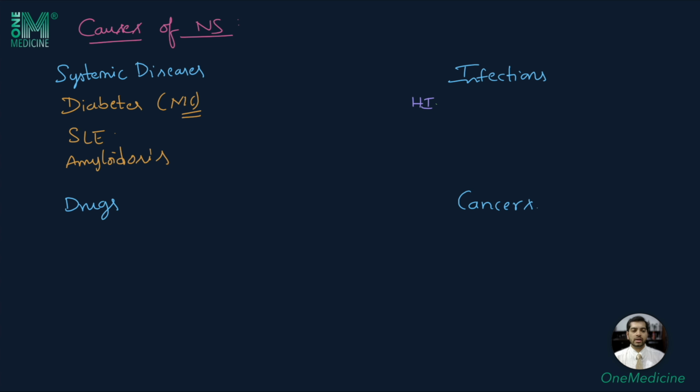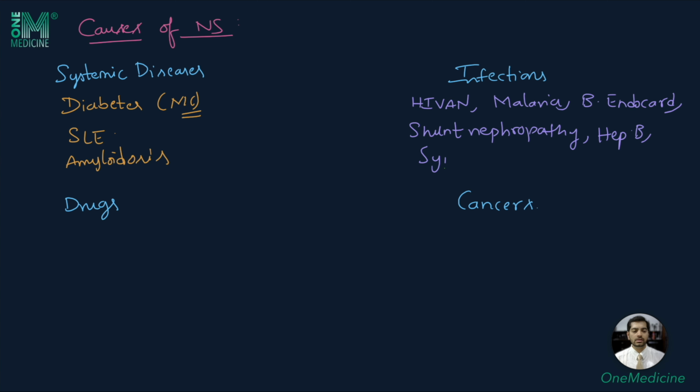Infections include HIV associated nephropathy, malaria, bacterial endocarditis, shunt nephropathy, hepatitis B, syphilis, and hepatic schistosomiasis.